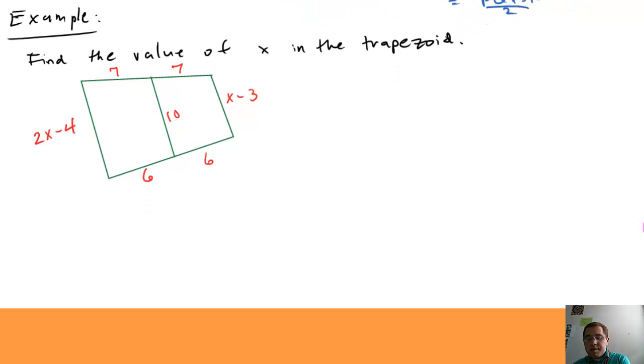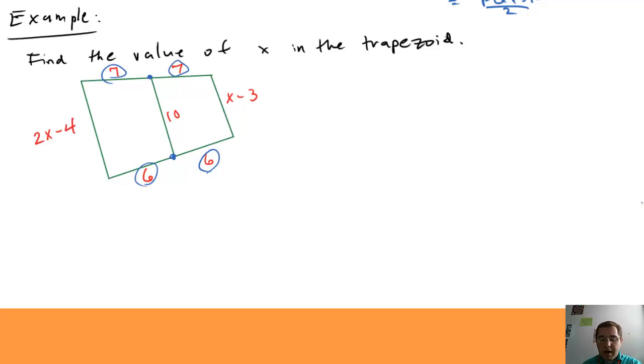Find the value of x in the trapezoid. So the whole thing I've drawn is a trapezoid, and then I drew the median of the trapezoid. And I can tell it's the median because those are equal, so this is the midpoint of the top side, and those are equal, so this is the midpoint of the bottom side. So I know the median of the trapezoid is equal in length to the average of the base lengths.